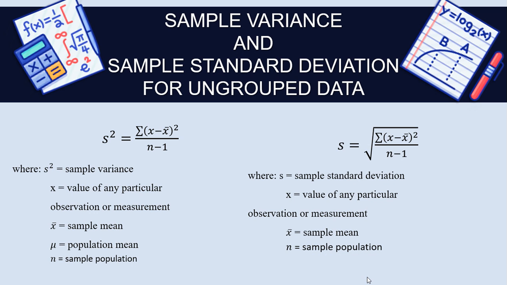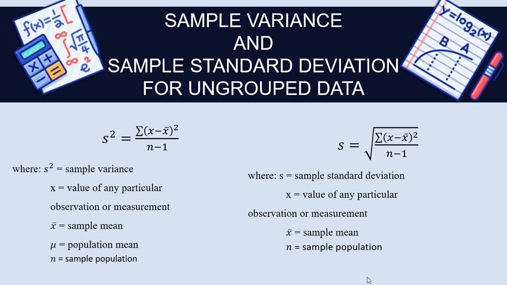Makikita natin dito sa mga example po kung gaano po kalayo sa isa't isa po yung mga data po na meron tayo. So this measure of dispersion delivers a precise view of their distribution. In other words, dispersion is the extent to which values in a distribution differ from the average of the distribution.